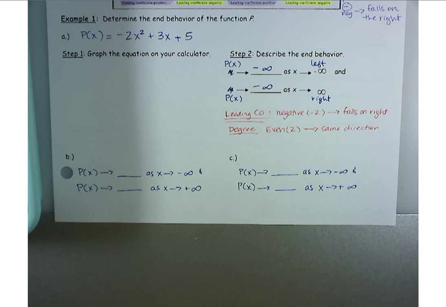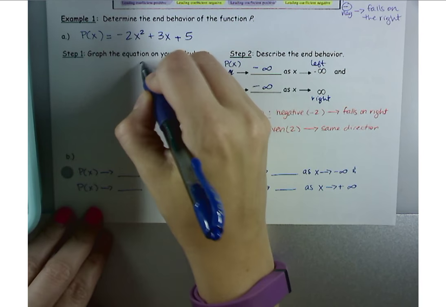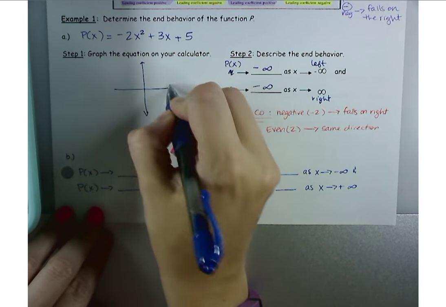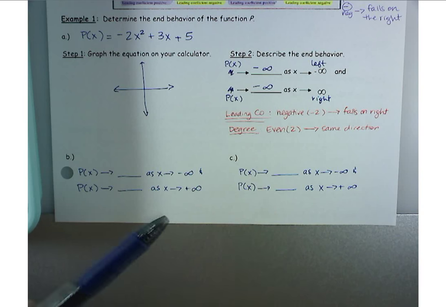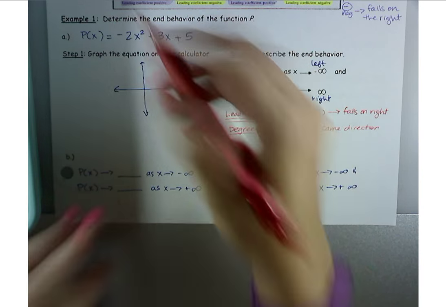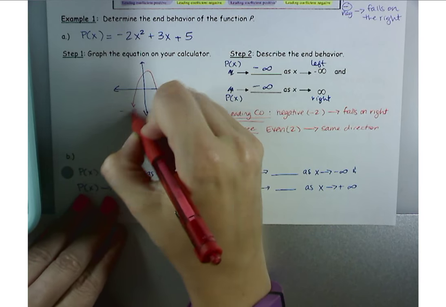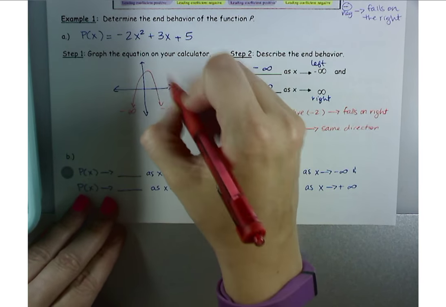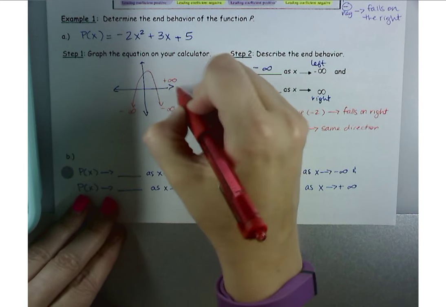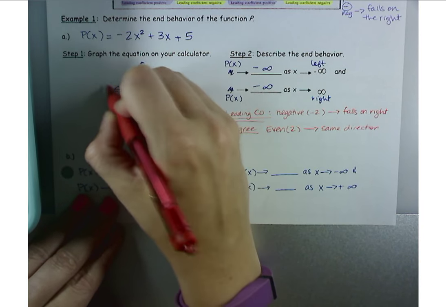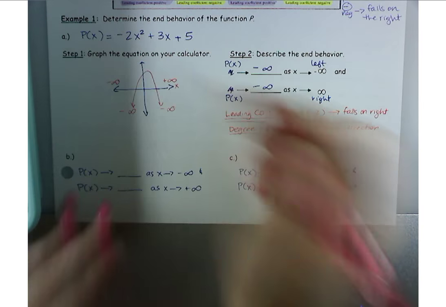See, do you guys even want to graph it now? Nope, you don't need to, right? Okay, so you could graph it and you could see what happens. This is going to be what kind of graph? Yep. And then you'd see, oh, it's falling on this side, it's falling on this side. This is the right side of the graph of x. This is the left side of the graph of x.